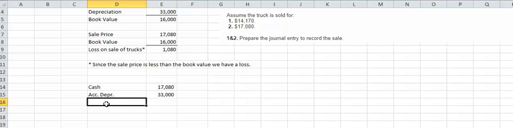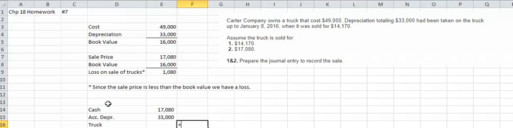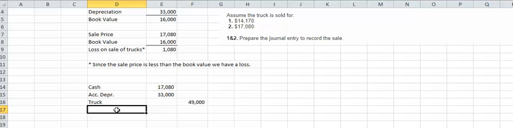Then we're going to get rid of the truck. Remember, that's the asset. We actually have to credit that. What was the value of the truck? It was the cost, right? So the cost is 49,000. Next, we're going to have a gain. A gain is credited. Gain on sale of trucks. That's going to be 1,080.